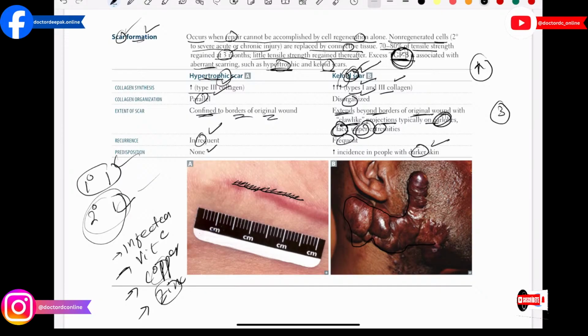These are also very important. And after that, you have to remember granuloma formation, like what the types of granuloma are, and in which you will get caseating granuloma, and in which you will get non-caseating. These are the important points you have to remember.